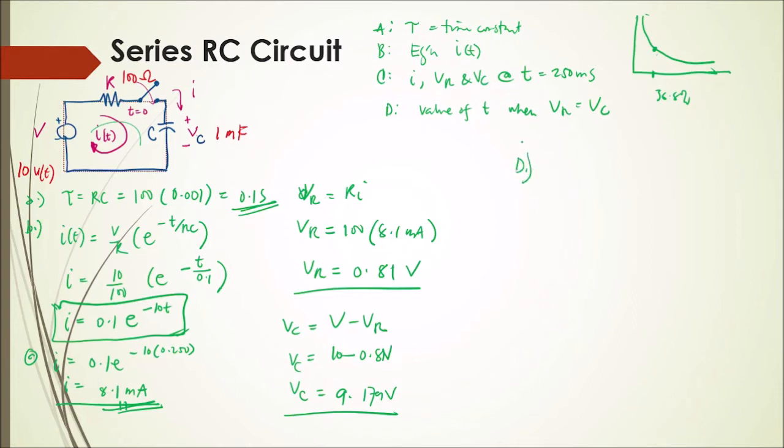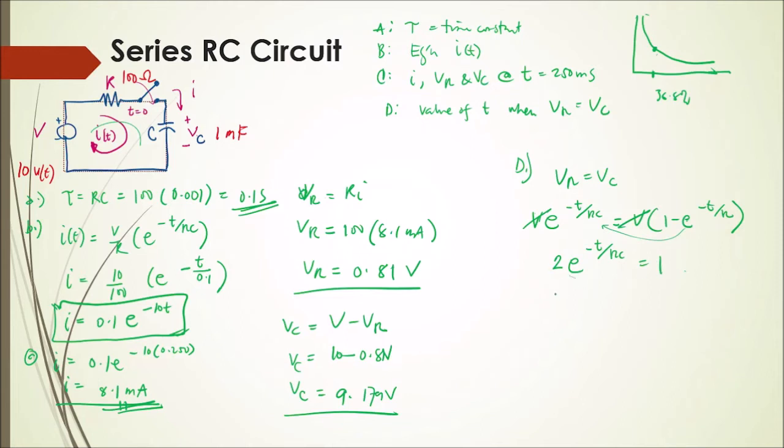Okay? Letter D, we find the value of t when VR is equal to VC. So we can equate the equations for VR and VC. That is V times e to the negative t over RC equal to V times 1 minus e to the negative t over RC. So this becomes cancel. This one is negative, we move it there, so it becomes positive. This becomes 2 e to the negative t over RC equal to 1. And then we move the 2 to the other side, 1 over 2.